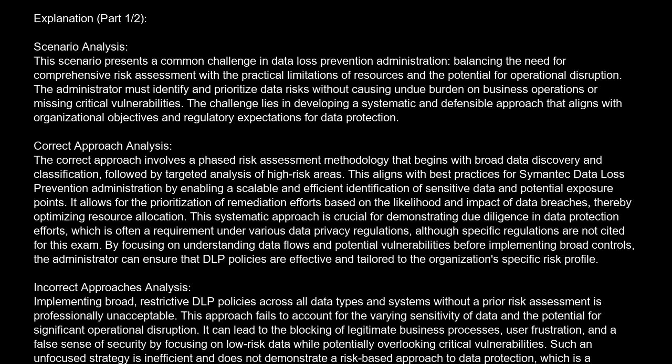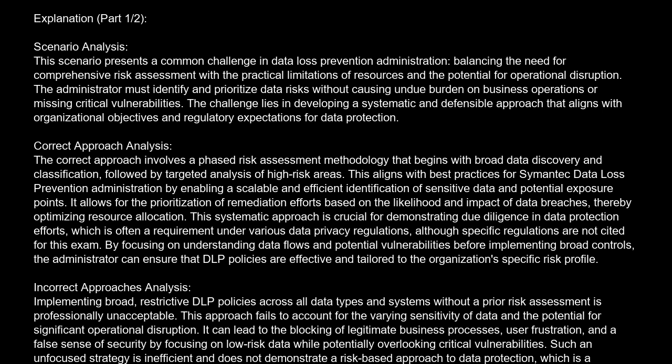This systematic approach is crucial for demonstrating due diligence in data protection efforts, which is often a requirement under various data privacy regulations, although specific regulations are not cited for this exam. By focusing on understanding data flows and potential vulnerabilities before implementing broad controls, the administrator can ensure that DLP policies are effective and tailored to the organization's specific risk profile.